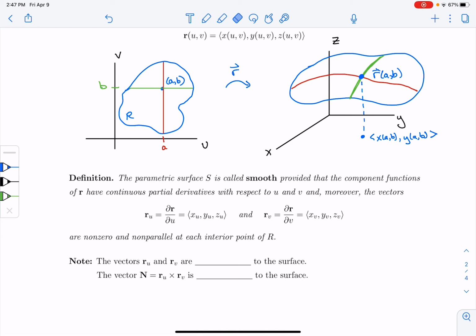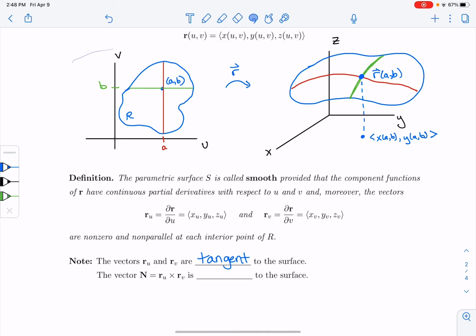And we're generally going to only deal with smooth parametric surfaces. But these derivatives of r with respect to u and v actually give us two direction vectors. And those two direction vectors are going to be tangent to the surface.